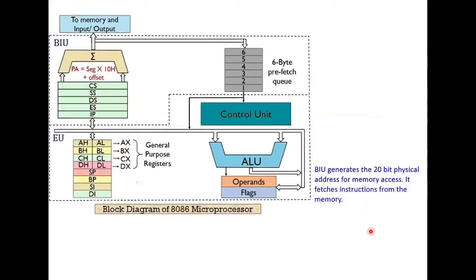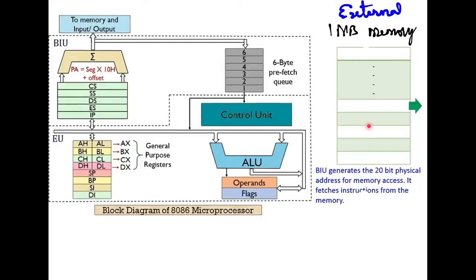First we are going to discuss external memory. So BIU, we know it can generate 20-bit physical address. It is used to generate 20-bit physical address for external memory access, and it can fetch instruction from the memory. So now we'll see, this is the external memory we have, and the size of the memory is 1 MB.